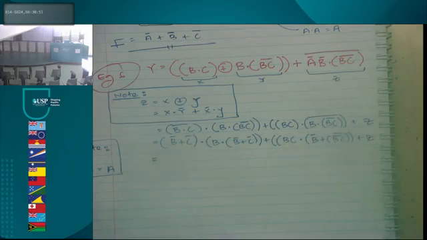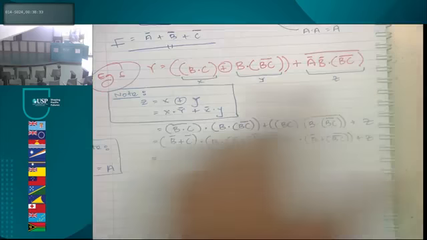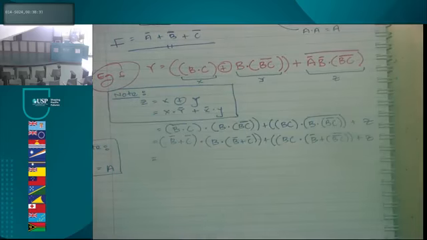You now know this has been given here, and you expand it accordingly. And then eventually, this big thing, example 6, will become very small, okay?